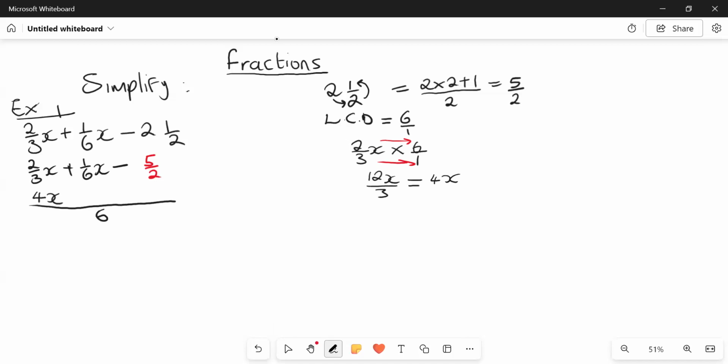Okay? And then from there, we move to the next term of our fraction. We have 1 over 6x, right? Multiplied by 6 over 1.